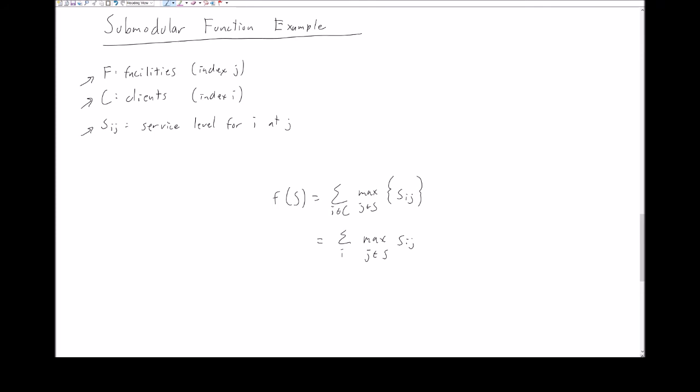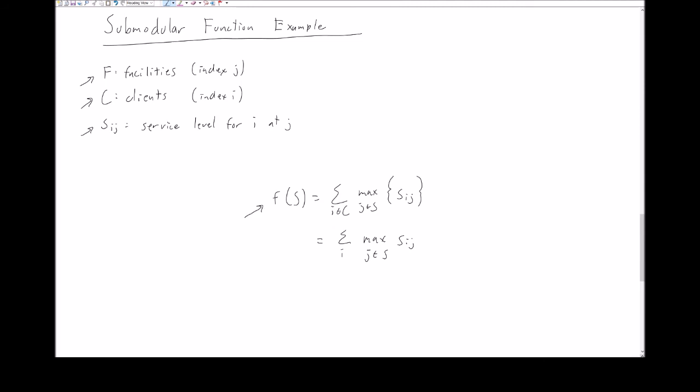What we'd like to do is intuitively look at a particular set, and inside of this set, we're going to select all of the facilities, and every client is going to go to the facility that serves them best, that is, gives them the highest service level. Here we've written down that function.